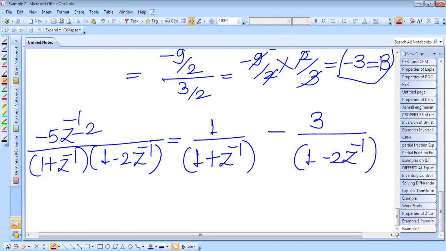Okay, so this is the solution with ROC, that is, the magnitude of z is less than 1. So here the ROC has a smaller radius than either pole.